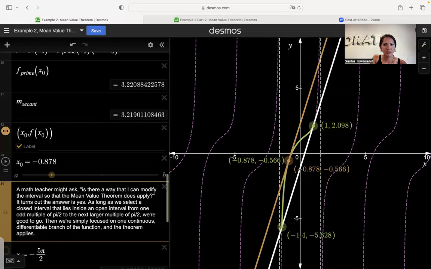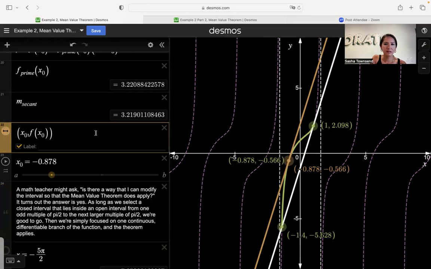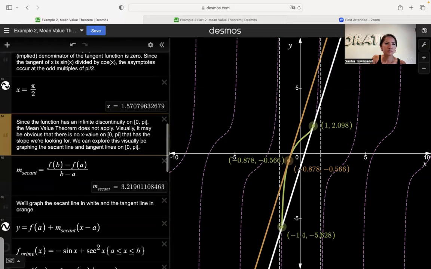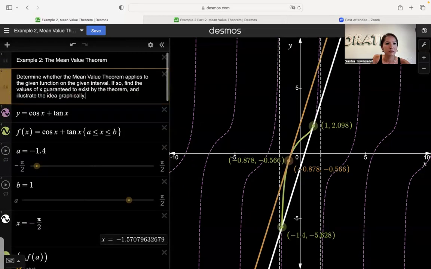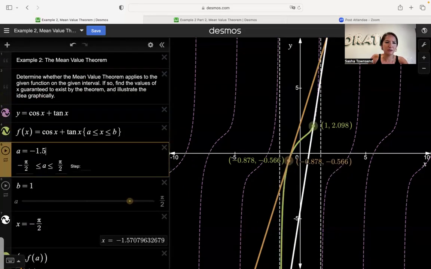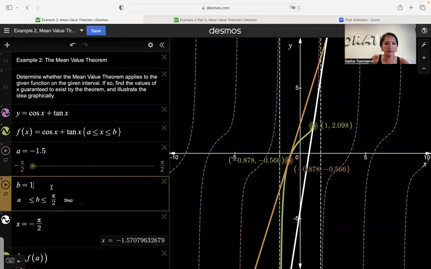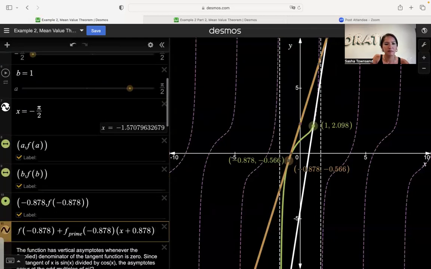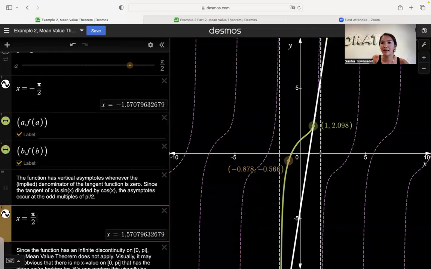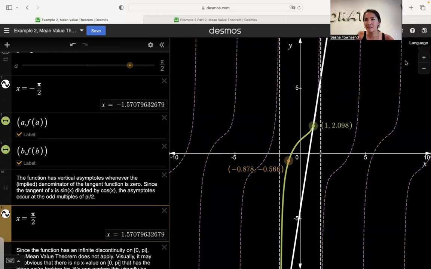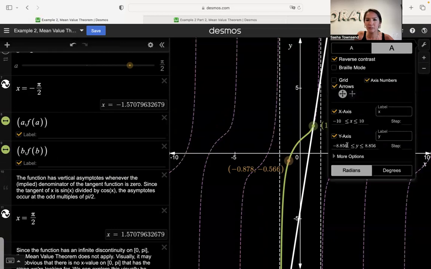Now we can do that for various intervals. If we change the values of a and b, let's say we go from negative 1.5 to 1. And actually, let's change some of our settings here.